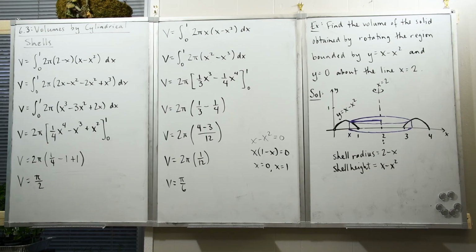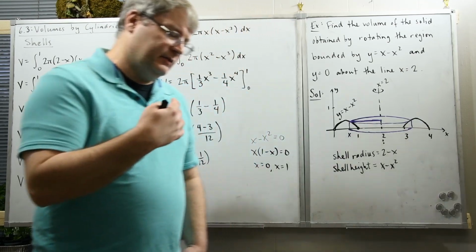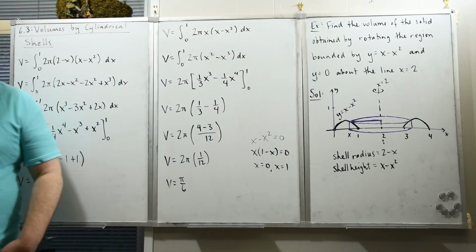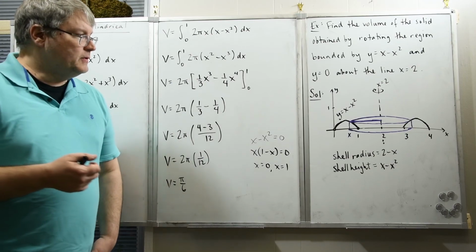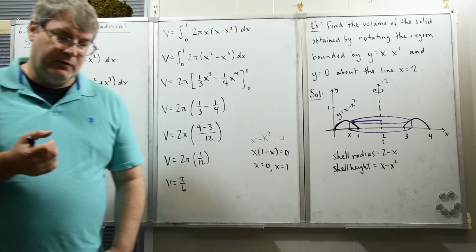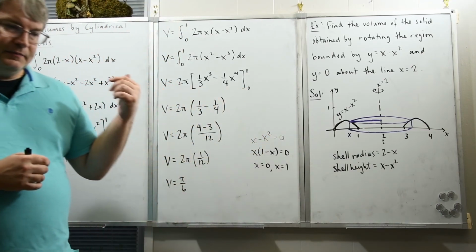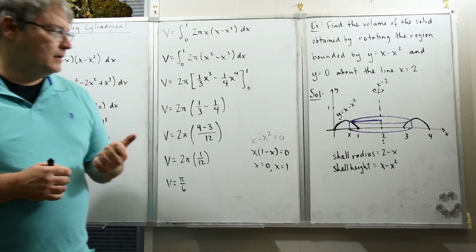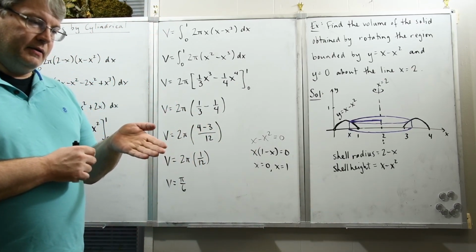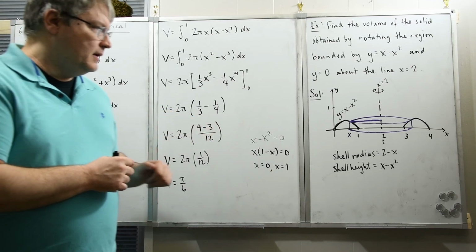All right, so that finishes out this example, but I do have some remarks that I'd like to make, mainly dealing with comparisons between the shell method and the washer and disc methods. If we were to take a look at a problem in which we use the washer method or the disc method, and we revolved about a vertical axis, the integration is with respect to y. Because when we take a look at a washer or a disc in that case, it's dependent upon where we are y-wise.